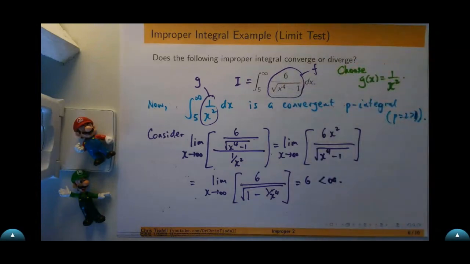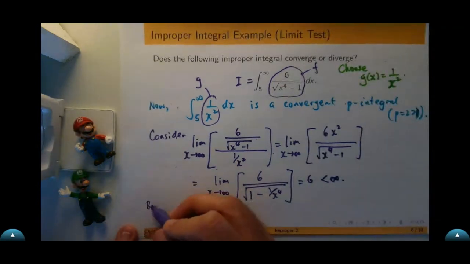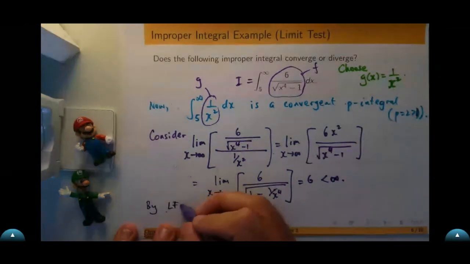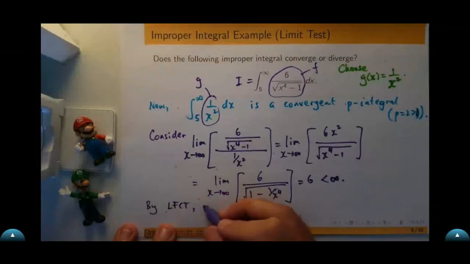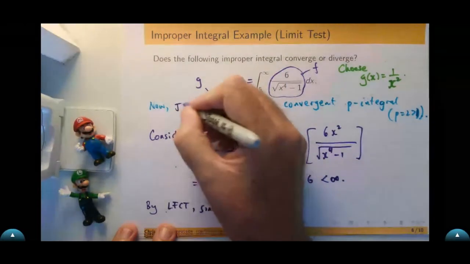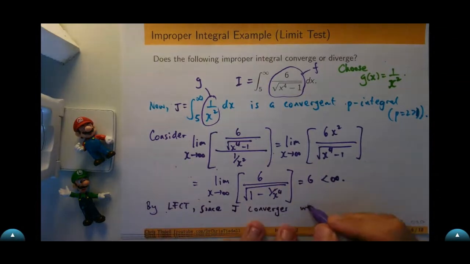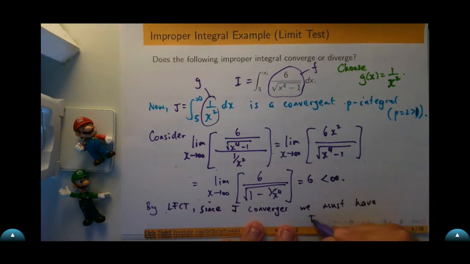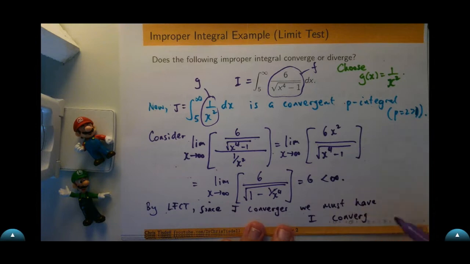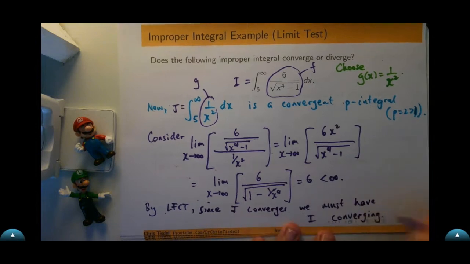We're just talking about the positive square root here. Okay, by the limit form of the comparison test, since, let's call this J or something, J converges, we must have I convergent or converging, right?